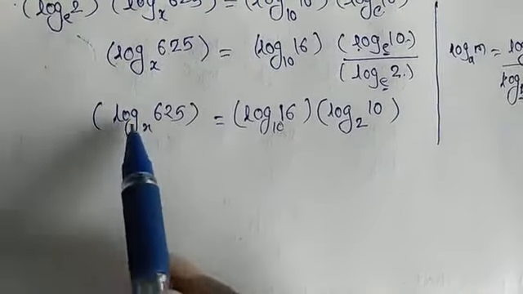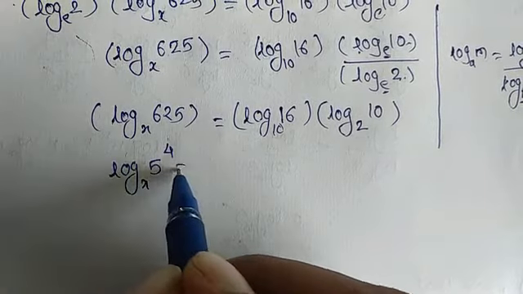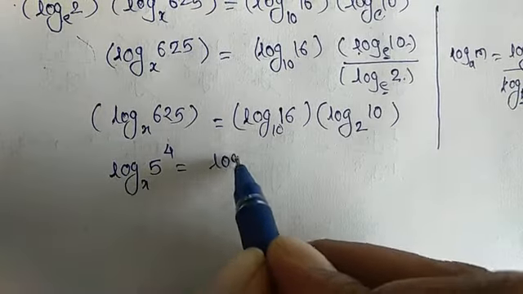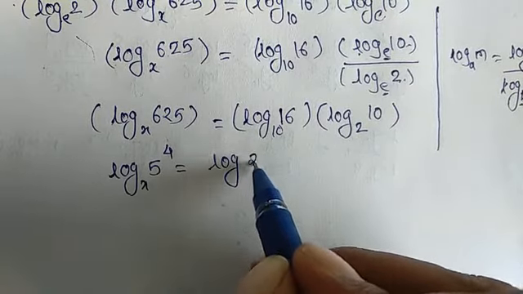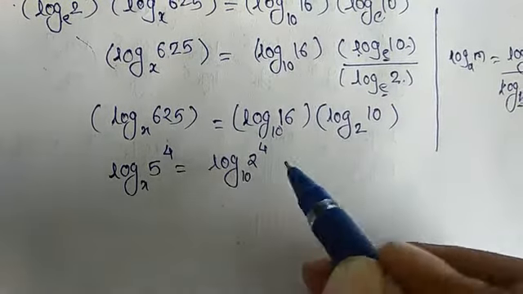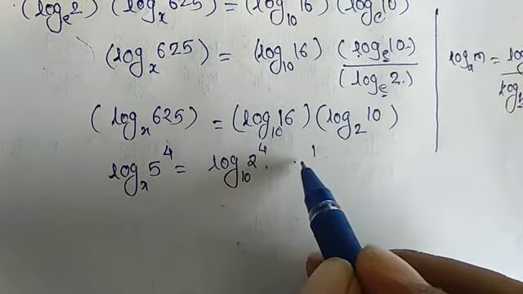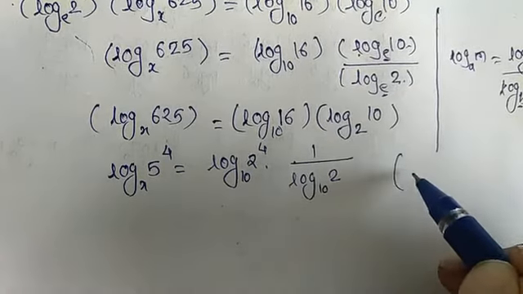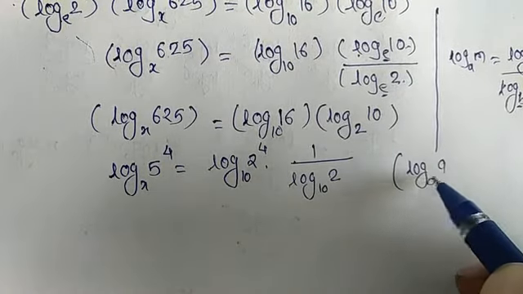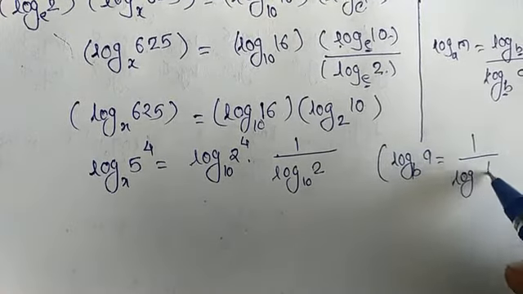Now 625 can be written as 5 raised to 4 to the base x. Similarly, log of 16 to the base 10 can be written as 2 raised to 4 to the base 10. Here log 10 to the base 2 can be written as 1 upon log of 2 to the base 10, by using the formula log of a to the base b is equal to 1 upon log of b to the base a.